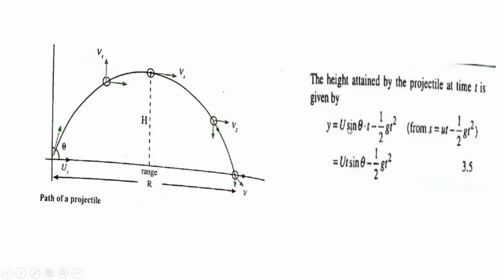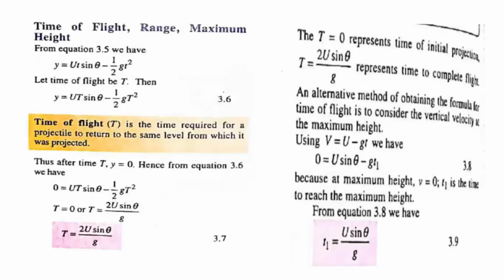Because we are still talking about the vertical component, u becomes u sin theta, which is what is happening here, using the formula s equals ut minus half gt squared. So we want to see what happens when the object reaches the maximum height.